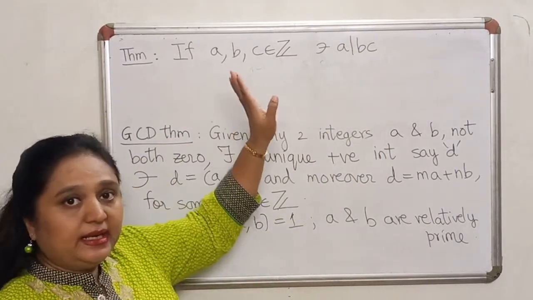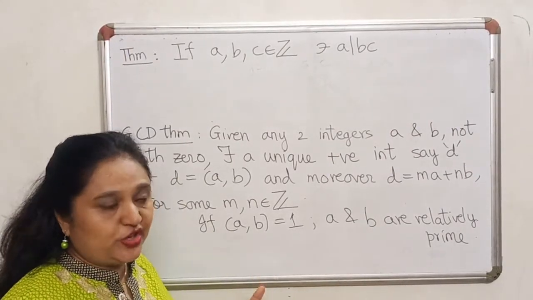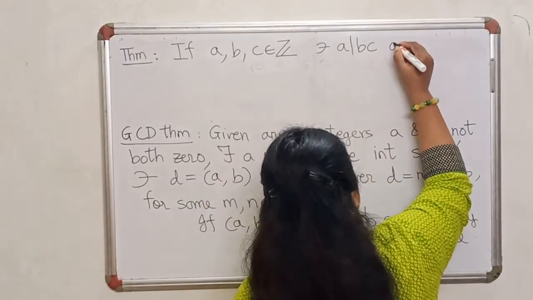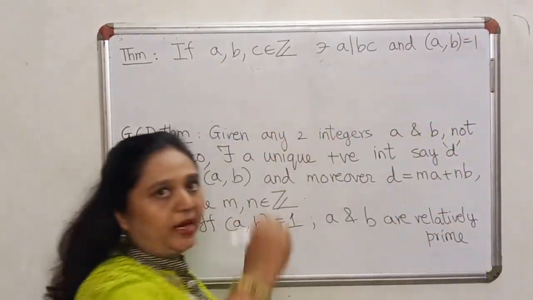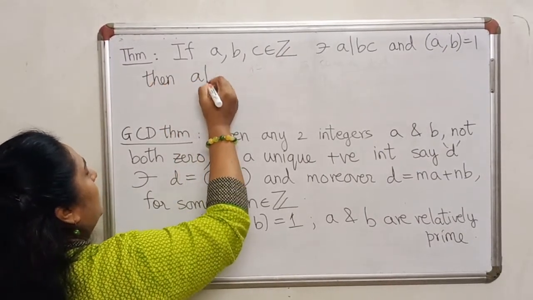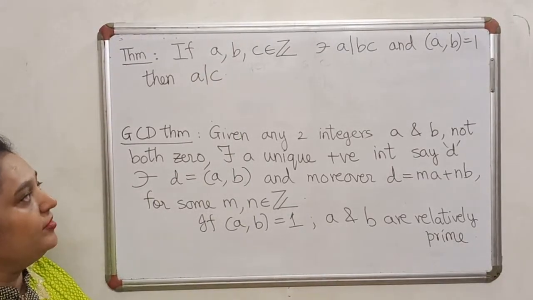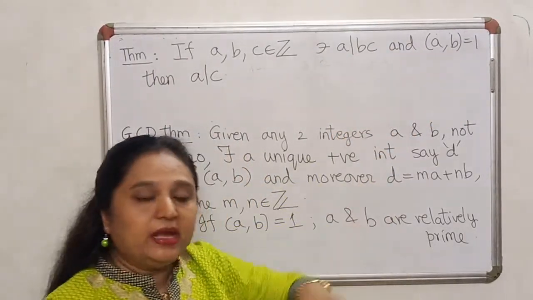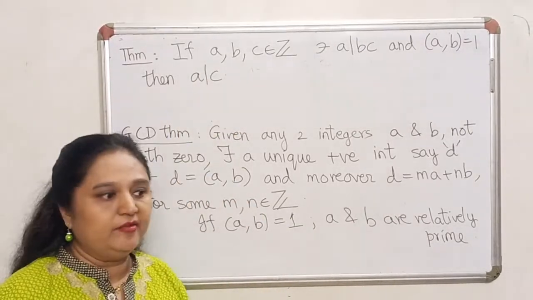So now remember, I am not saying that A is a prime. So there is no reason for Euclid's lemma to work in general. So if A, B, C are integers, A divides BC, but I have this extra condition that A and B are relatively prime, then I can prove that A will definitely divide C. So if I have this extra condition that A and B are relatively prime, then even if A itself is not a prime, the result will work and it will follow that A divides C.